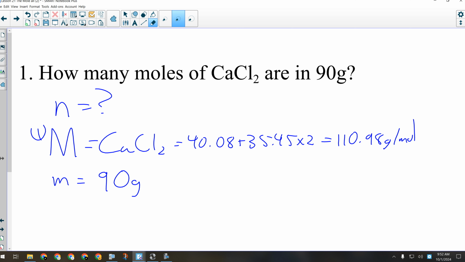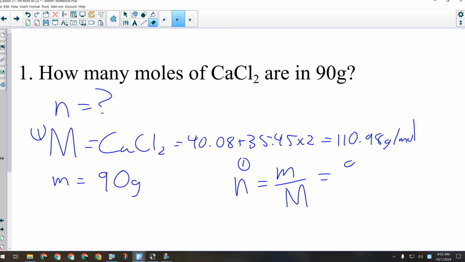The next mark you would get is for identifying this as a mole equation problem and writing the formula that you would use. Because you don't need to manipulate for this question, it's already set up to solve for n, you don't get any marks for the next step, which is just plugging in your numbers.